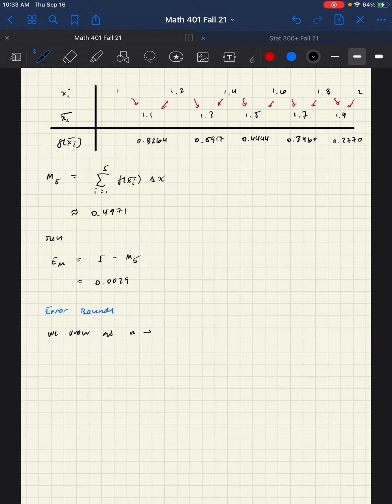So basically, we know as n goes to infinity, the error of whatever technique we're working with, for instance here, e sub m of n, should also go to 0, right? We want that to be true. We hope that it's true. But how quickly?